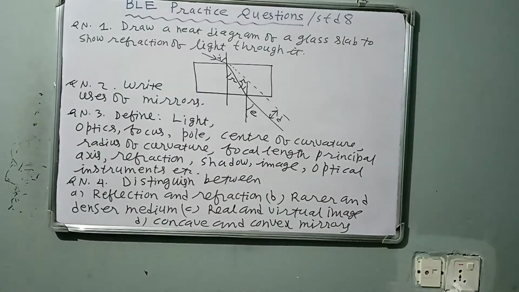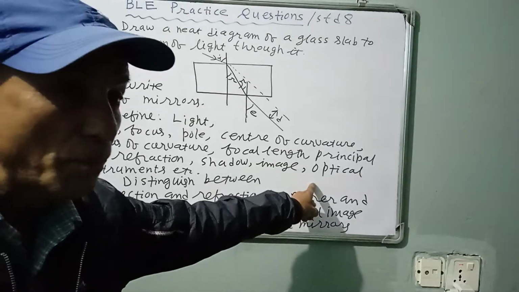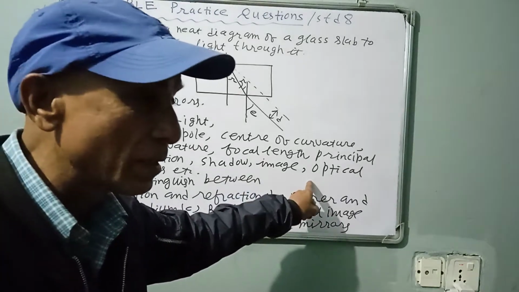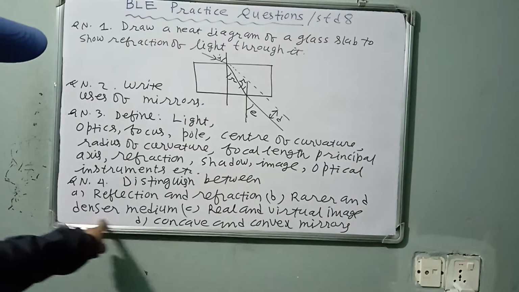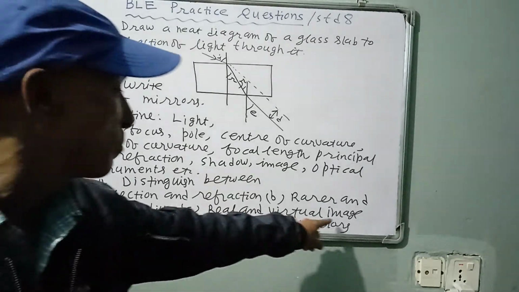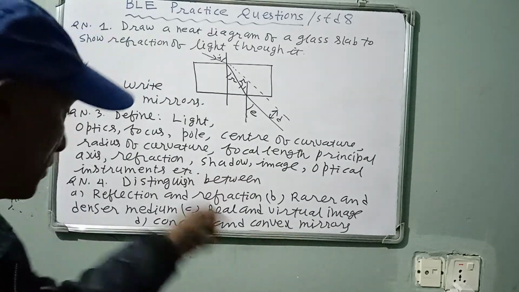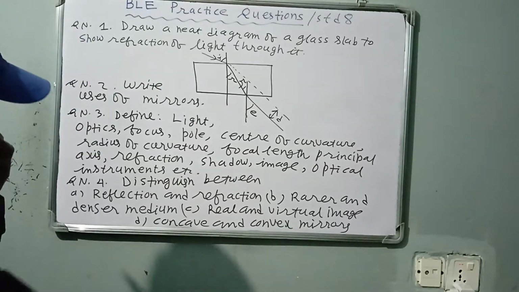Reflection, refraction, rarer and denser medium. Rarer meaning thin, low density, high speed. Denser medium, high density, low speed. Real and virtual image already written. Concave mirror, convex mirror. Two points are enough.